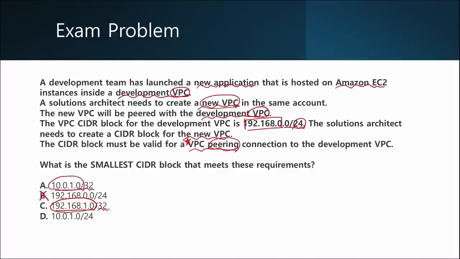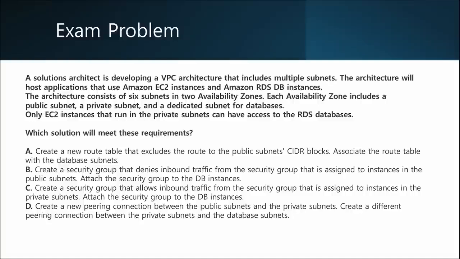And if the VPC has only one IP, we cannot configure an efficient network. So options A and C should be excluded. If you look at this CIDR block, it is 10.0.1.0/24. In this case, it does not overlap with the development VPC's CIDR block, so the correct answer would be D.